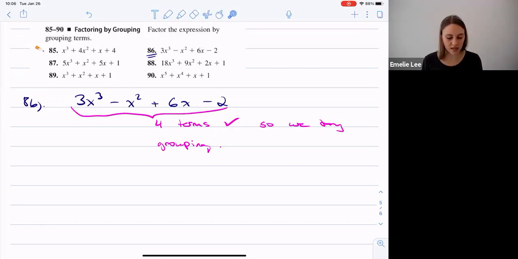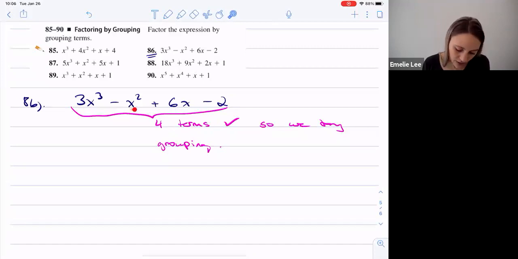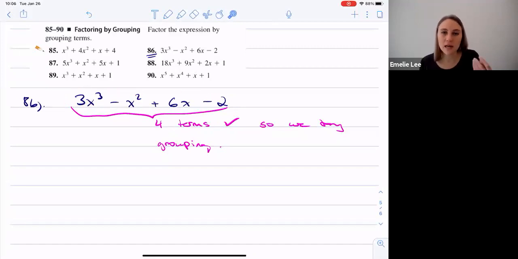First one I see is maybe I'm going to try to group my 3x to the 3 and my 6x together, and see if I can extract some common multiples. The other way that we could do it, and often this will work too, is to group the first two together and then the second two. So let's try it a couple of different ways, and we'll see where it gets us.